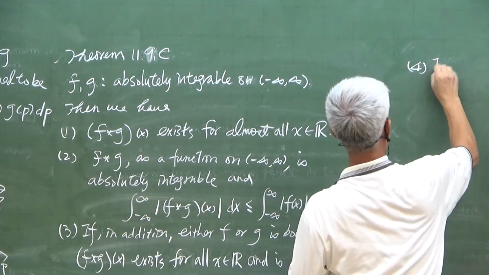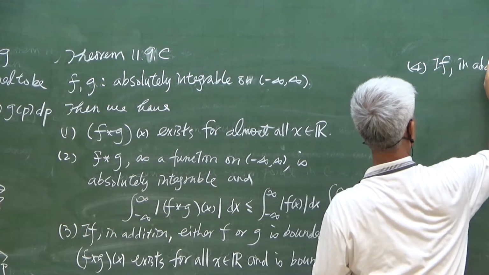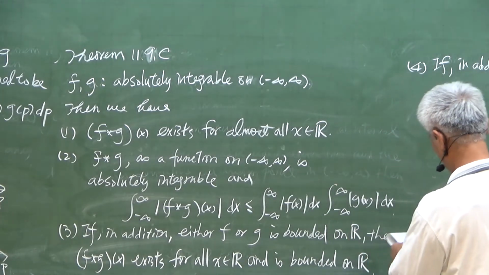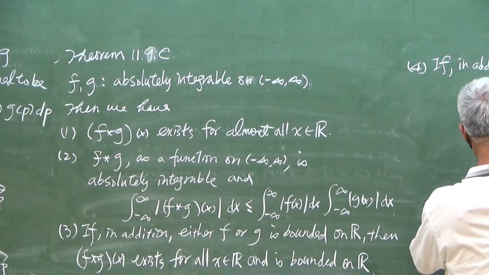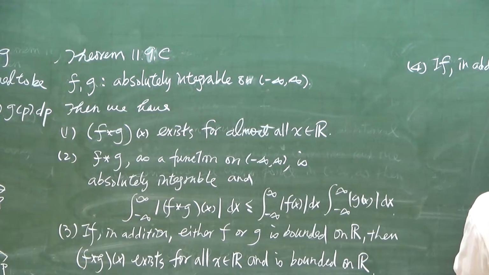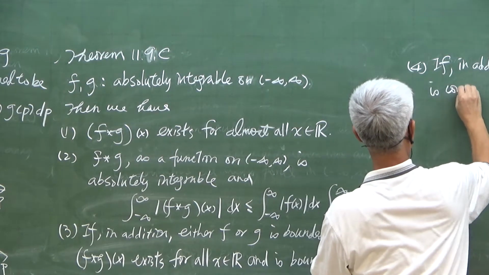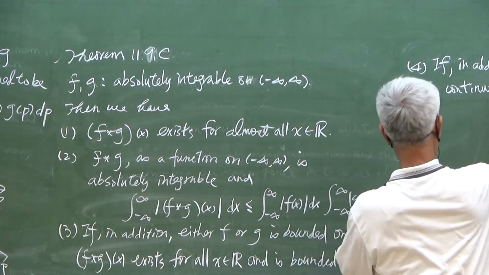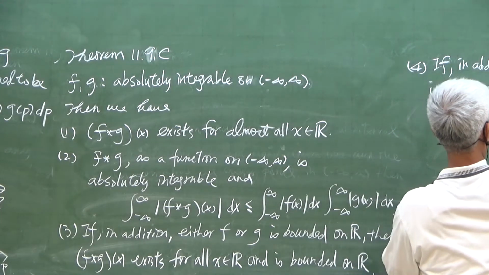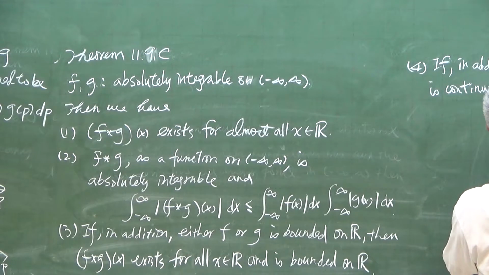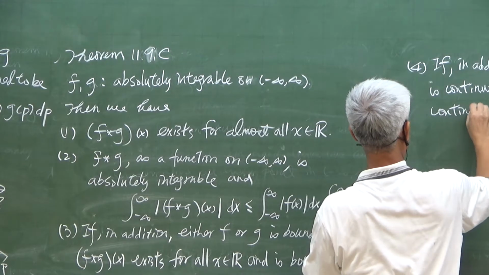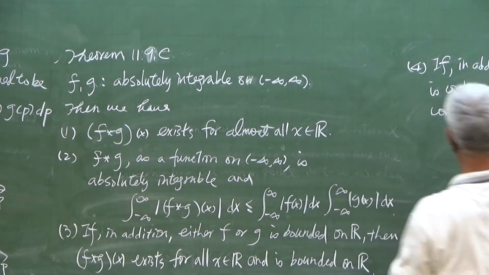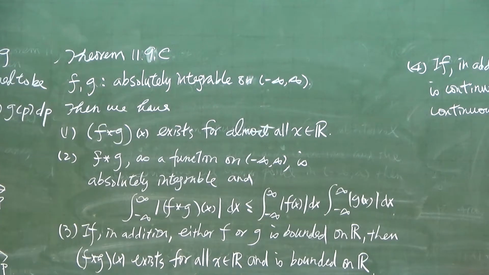Fourth, if in addition the bounded function, f or g, is continuous on R, then the convolution is also continuous on R. So now the convolution becomes a very nice function.